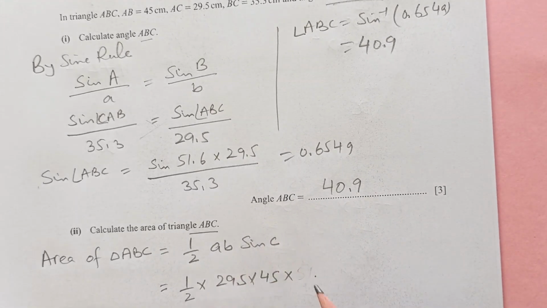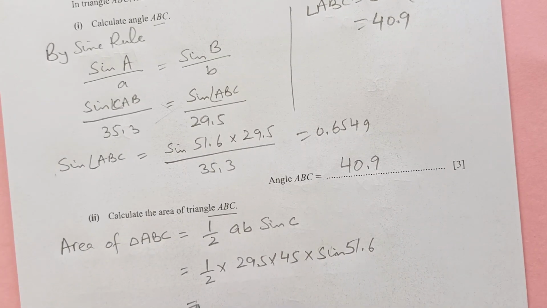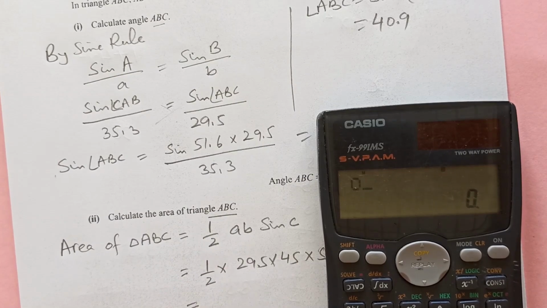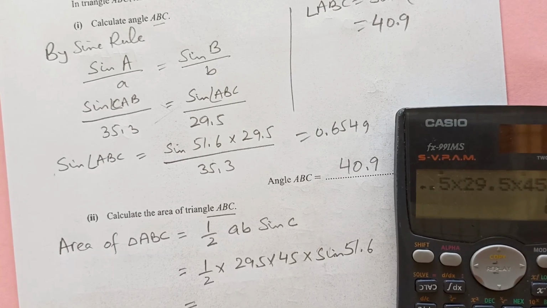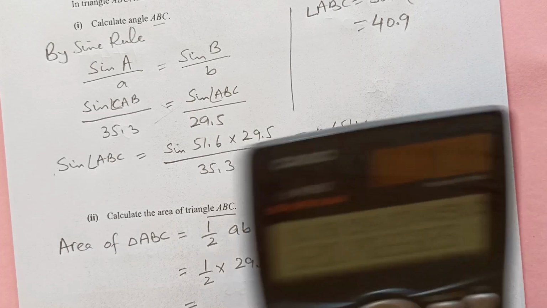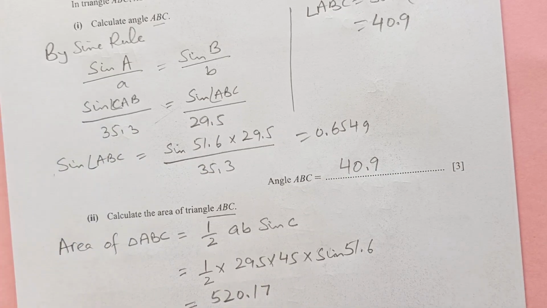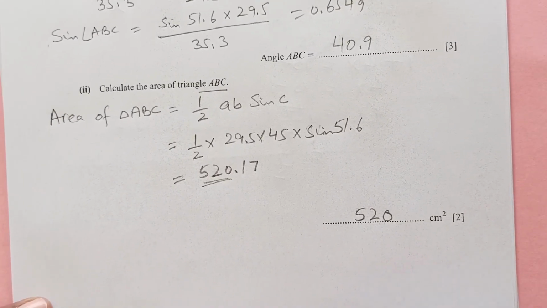We need to take sine of this. So you calculate 0.5 times 29.5 times 45 times sine of 51.6. This is 520.17. So to three significant figures it is 520 centimeter square. The unit is already given to us over here.